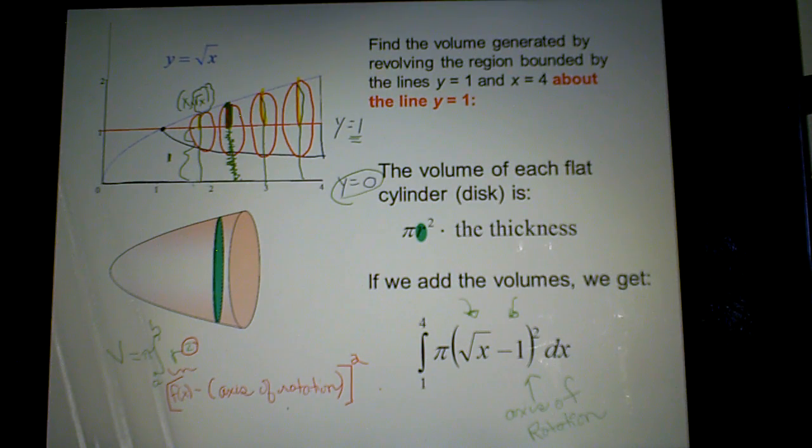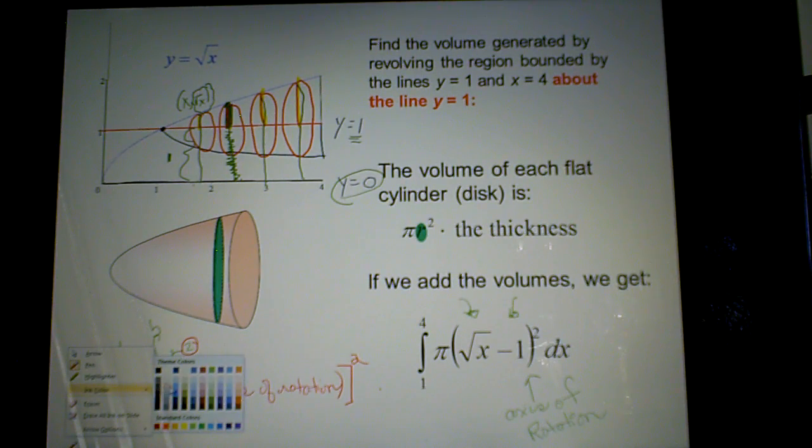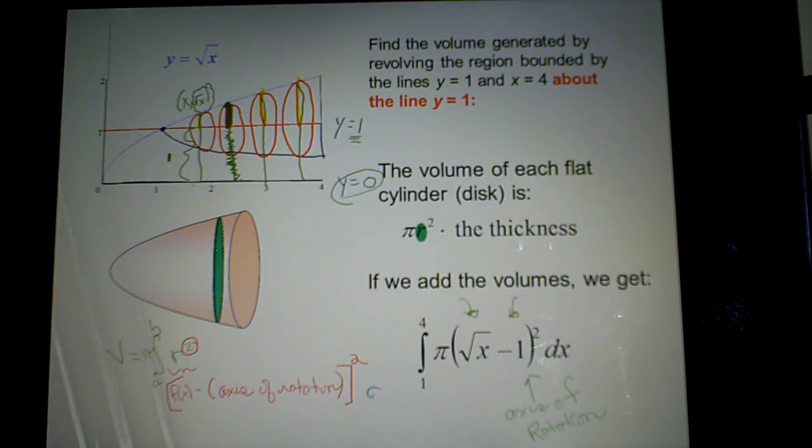Then, of course, what I have right now is just area. In red is just area. Don't forget that to get volume, you need to add the third dimension, and that's the infinitely thin thickness of each one of these potato chips. Potato chips, your book will call these disks.